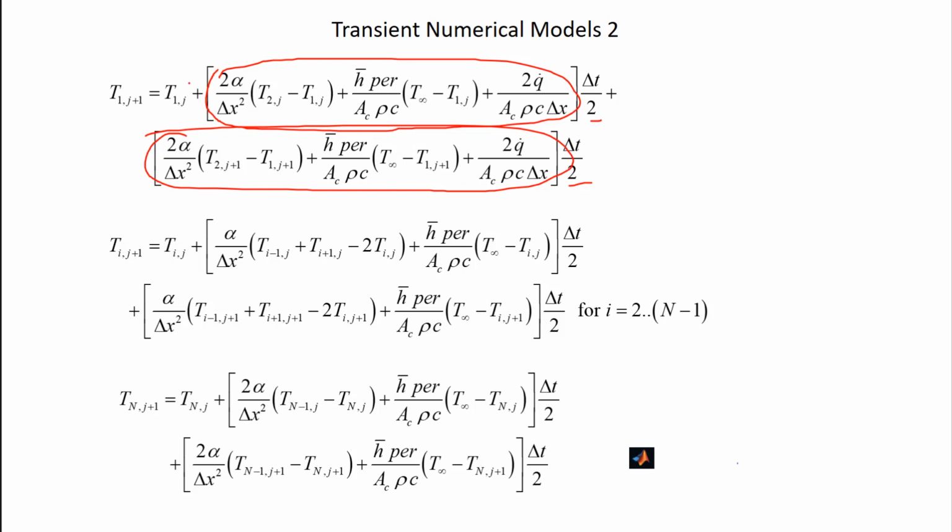If I want to actually solve this, I'm going to have to do the same thing where everything involving a j+1 is an unknown. So I'll have to take this equation and understand what the coefficients are and what the constants are. This is the same thing for the internal nodes, and then that last one there is node n.